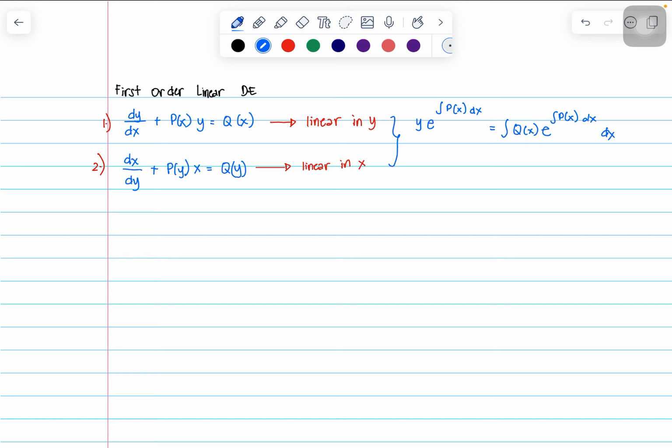Now that is if it's linear in y. Take note, linear in y. So if it is linear in y, then we integrate in terms of x. But if it's linear in x, then we integrate in terms of y.